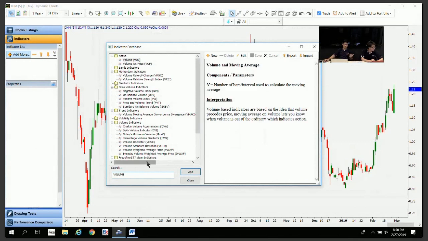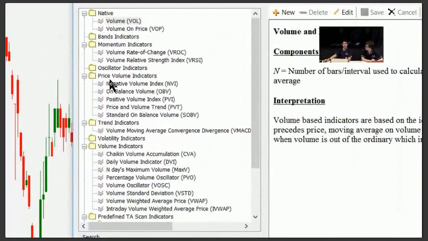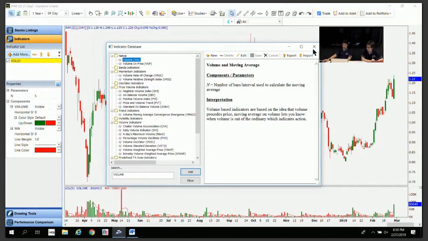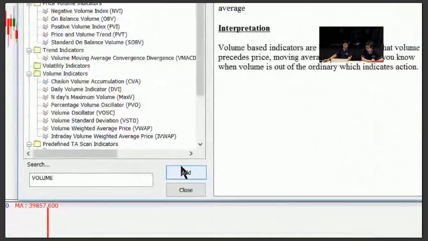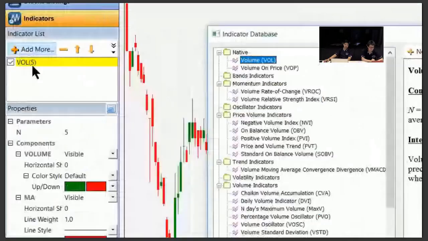Remember, you guys have learned before, for example, OBV, on balance volume. How about volume rate of change? Also based on volume. So for us, we just use the normal standard volume. If you want to click on volume, you either press on volume and then add here, or you can just double click on volume. And you can see at the left side, volume will come out.